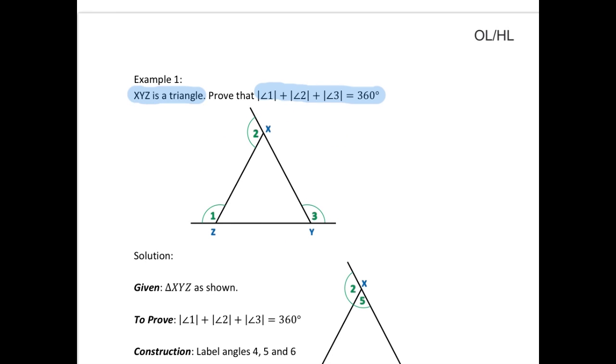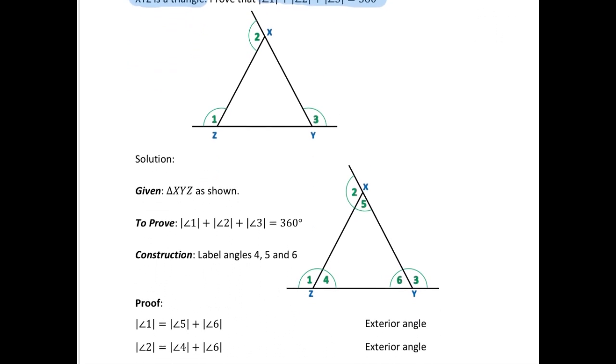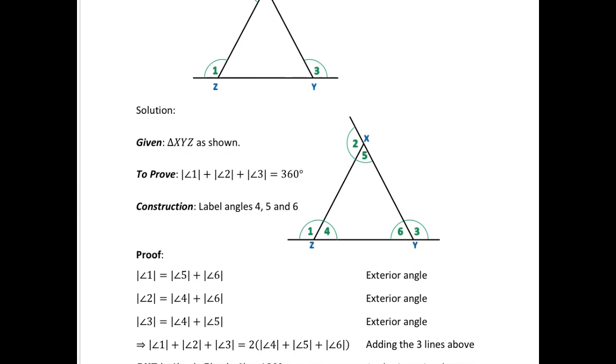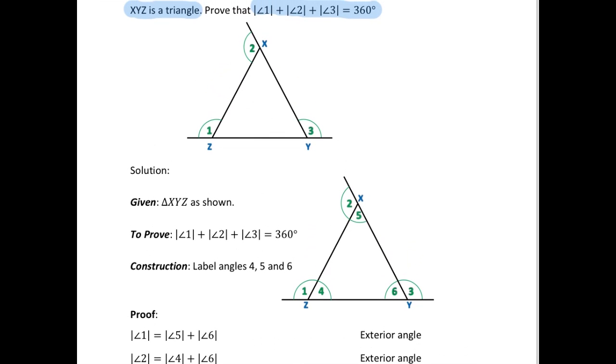So our solution then is to follow the steps of our formal proof. We are given the triangle XYZ as shown in this diagram. What we're asked to prove is that the angle 1 plus the angle 2 plus the angle 3 is equal to 360 degrees.